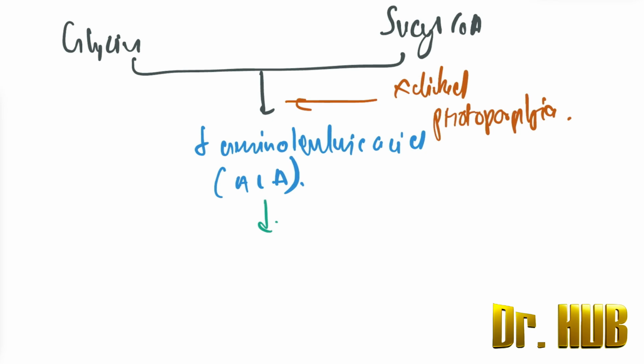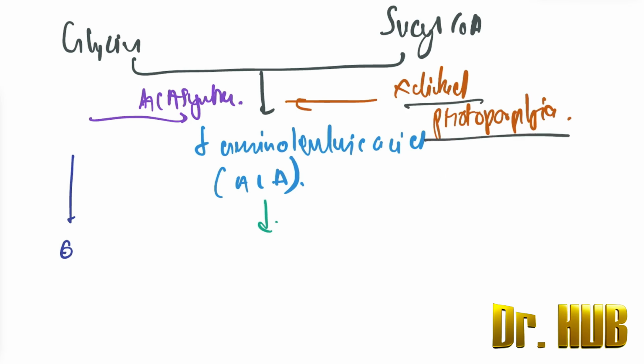On the other hand, there are some inhibitors. There is ALA synthase acting here, as well as the X-linked protoporphyria which we just saw, in short known as the XLP.